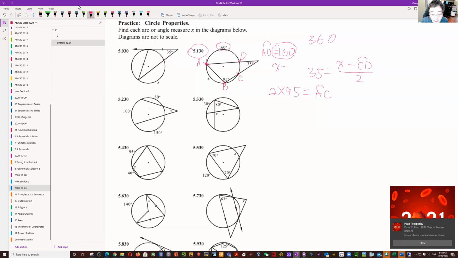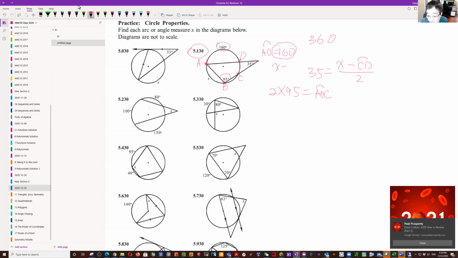From here to here, this is the angle facing this 95 degree, so it's AC. AC is 95, and it also includes D, so it's ADC.